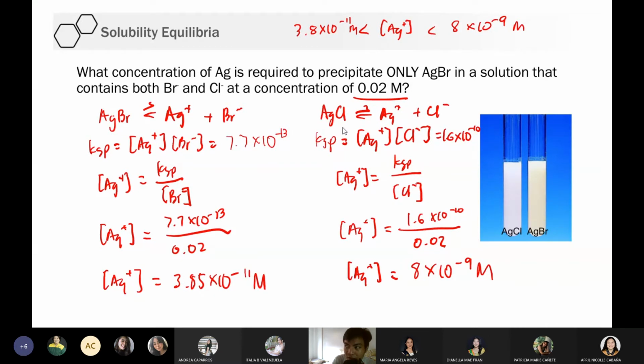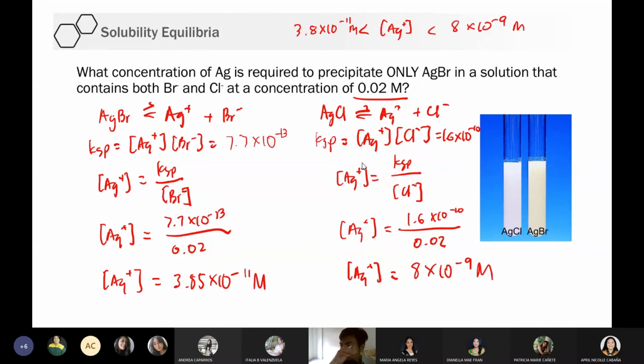You determine the metal concentration that will form the precipitate. Okay? So, yun. Since ayaw mo mabuo to, so siya yung upper limit. Hanggang dun lang dapat. So, ito yung gusto mo mabuo, yun yung magiging lower limit mo. Okay? So, this is the range of the concentration of silver needed to precipitate silver bromide, but not AgCl.